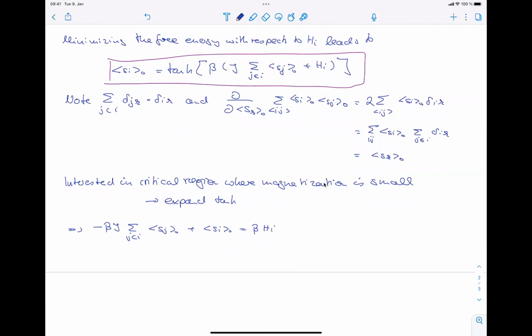Now we want to solve this for the magnetization, but we have the challenge that we have the average spin of s_i and the summation of the average spins over the neighbors of i.